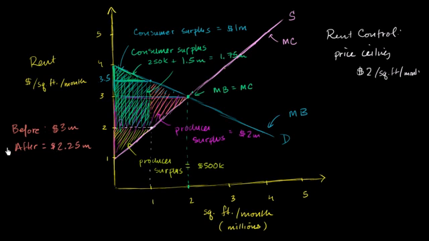And so what we've lost is the difference here, which is $750,000. So this area right over here, and this is per month, represents the lost total surplus. And this lost total surplus, this $750,000 per month, is referred to as the deadweight loss.